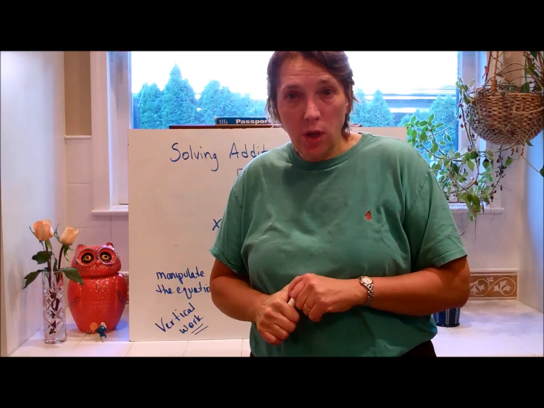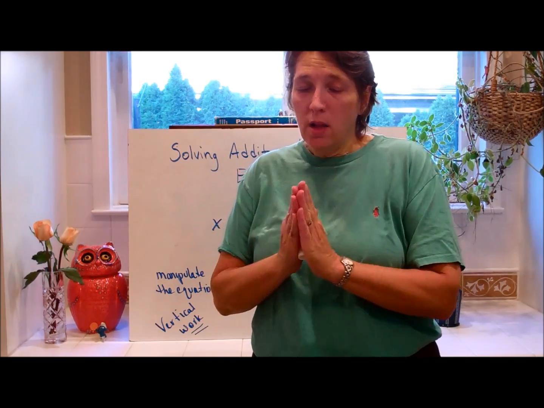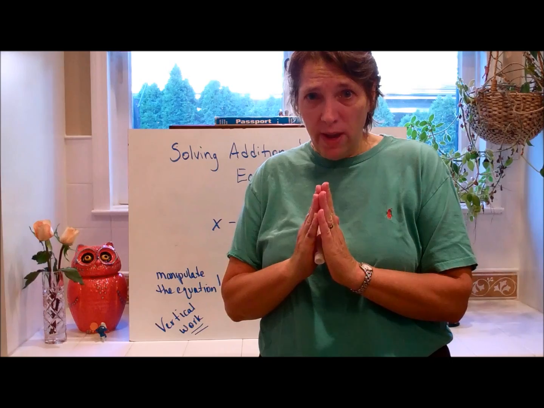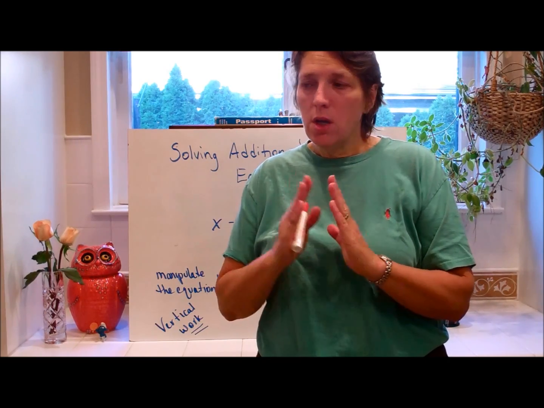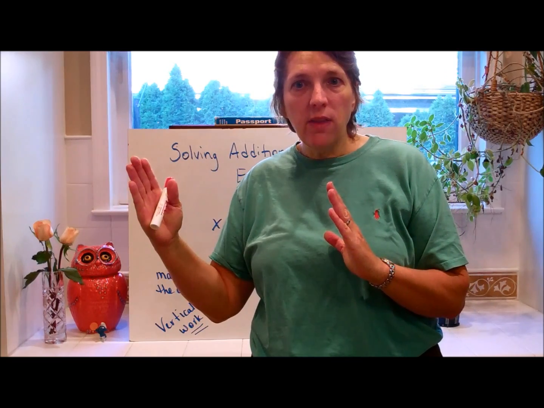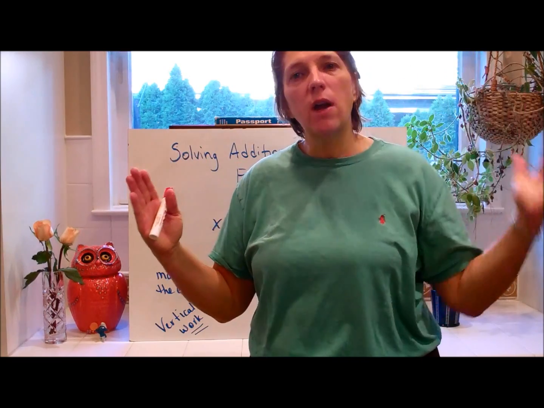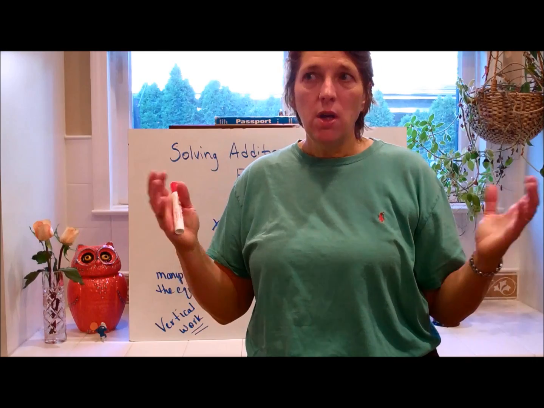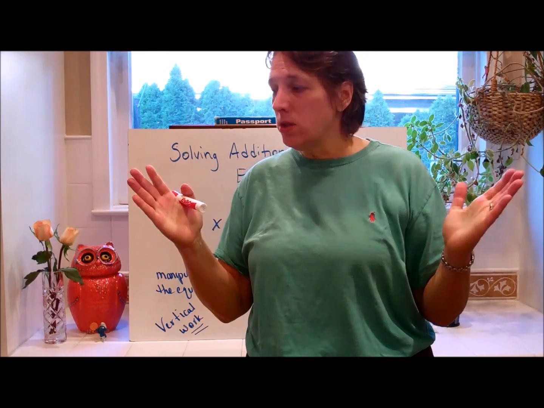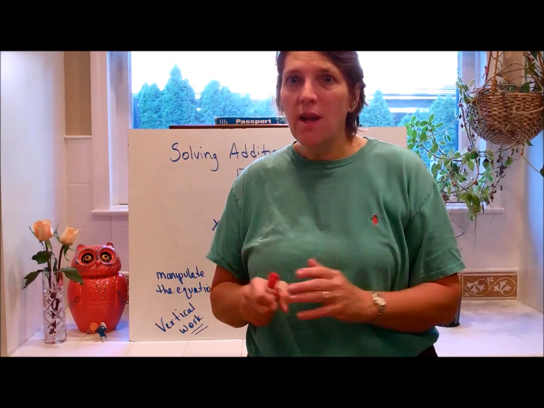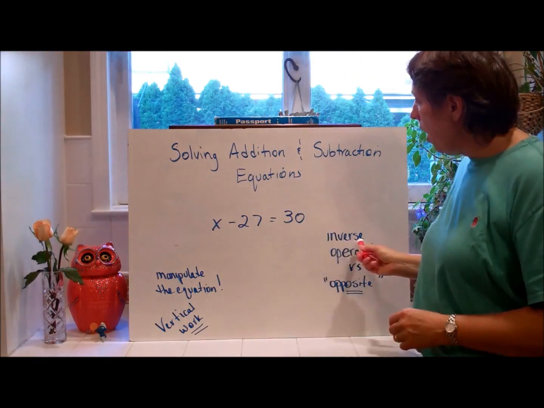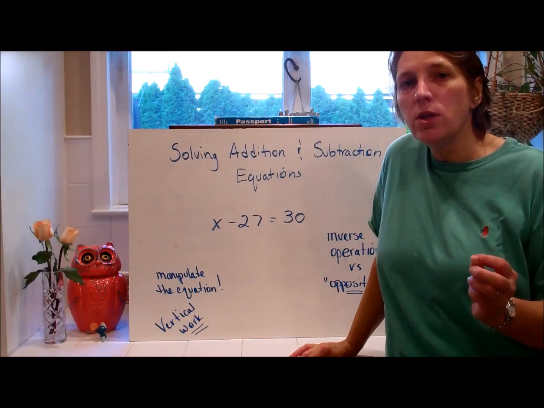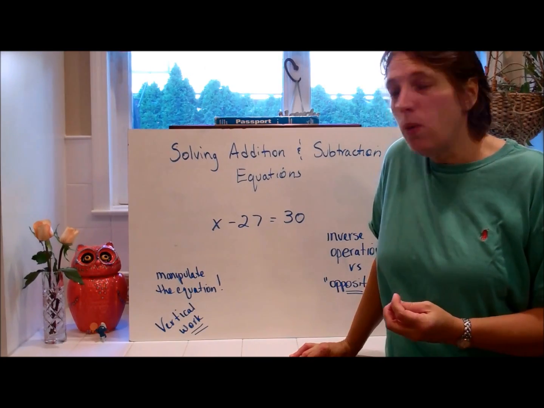Opposite is associated with the number line, and it's in relationship to absolute value and a number's position in relation to 0. So if I have 5, the opposite of 5 on the other side of the number line is negative 5. So the word opposite in math is associated with the number line, not with equations. Very important. So we always use inverse operations to solve equations.